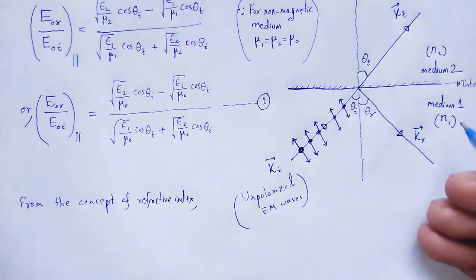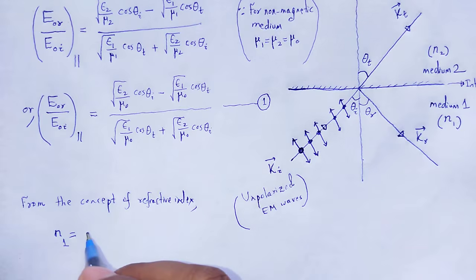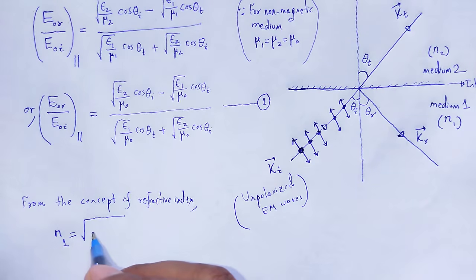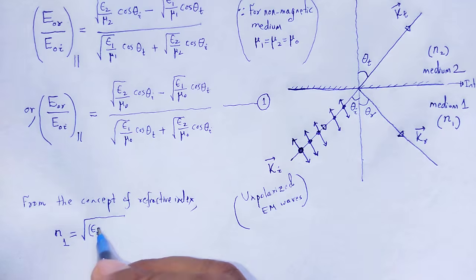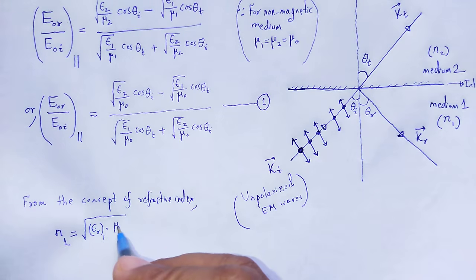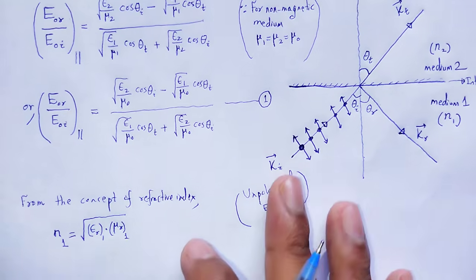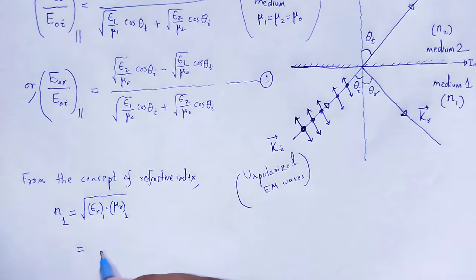the refractive index of medium 1, n1, is expressed as under root of the relative permittivity of medium 1 into the relative permeability of medium 1. So, what is the relative permittivity of medium 1?